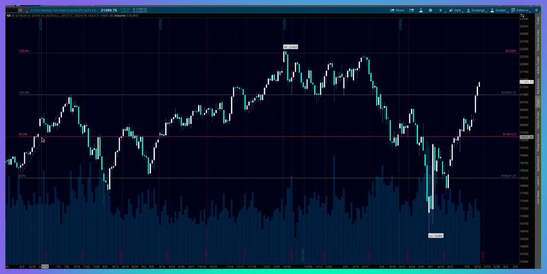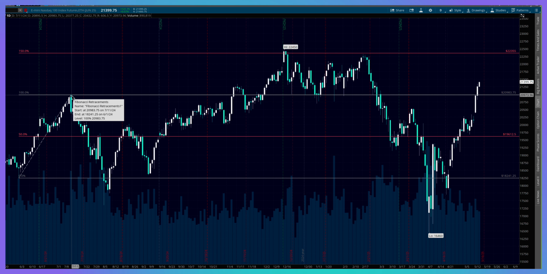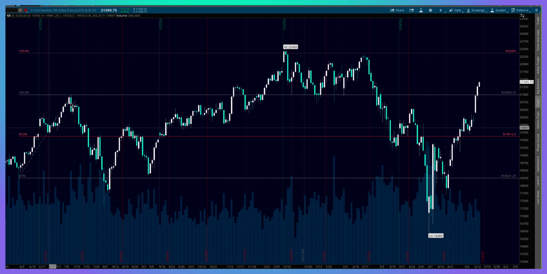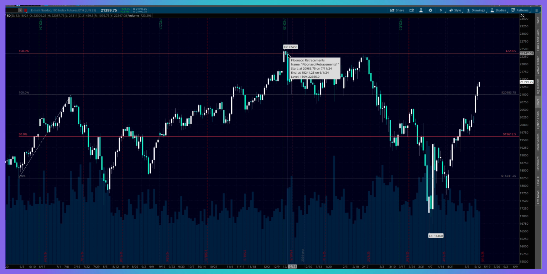And so notice how structural integrity holds in the NQ. If I had this way back here in July of 2024 and had the low and the high, the very high of the market would have been measured and the double top would have been in play.